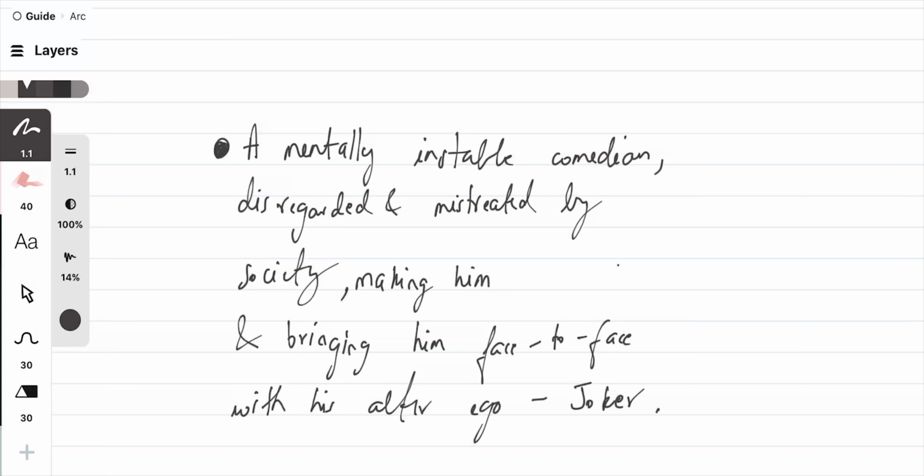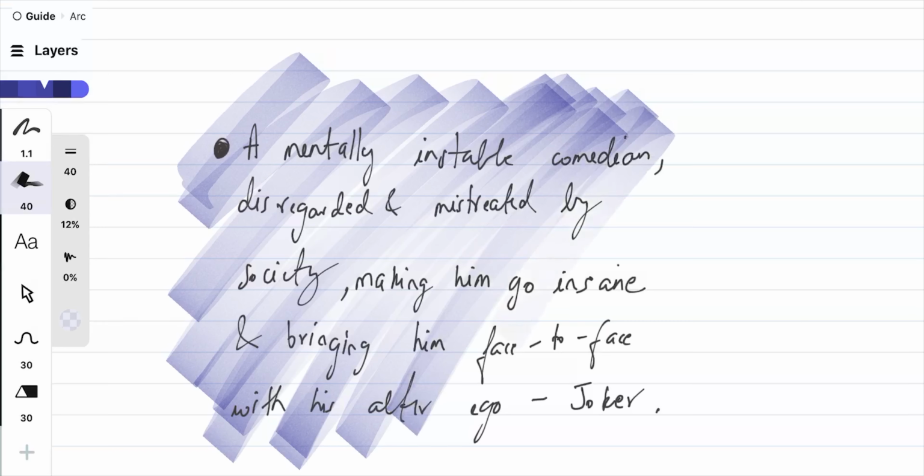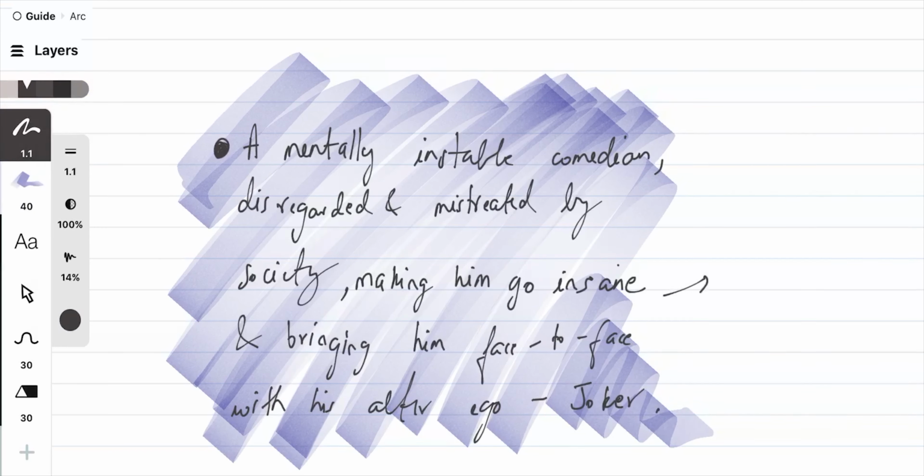Making him go insane. This is approved. Everyone else, I approve this. I would watch a movie that says this is the logline, and I would read it. So screw you. This is 10 out of 10.